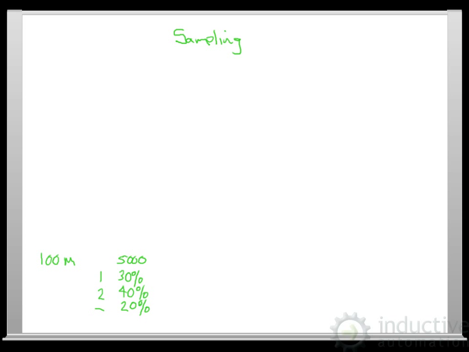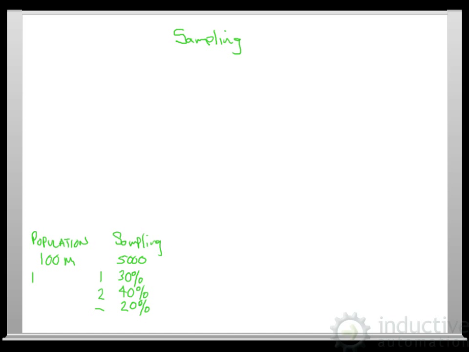This is a sampling of the population. Over here is called the population, and this is a sampling of that population. They can expect that this sampling is going to represent pretty close to how it would come out over here.